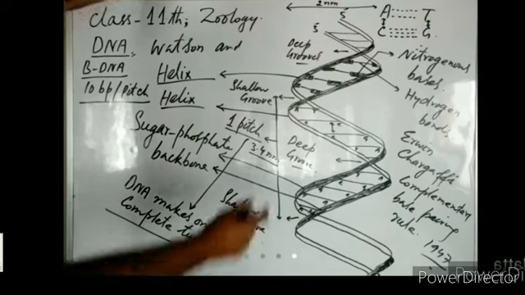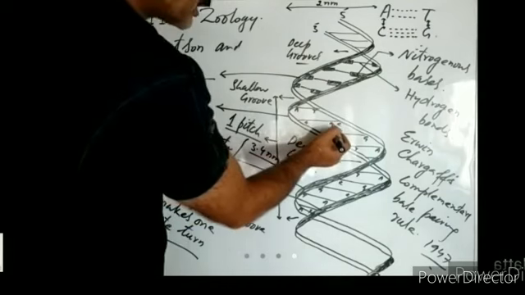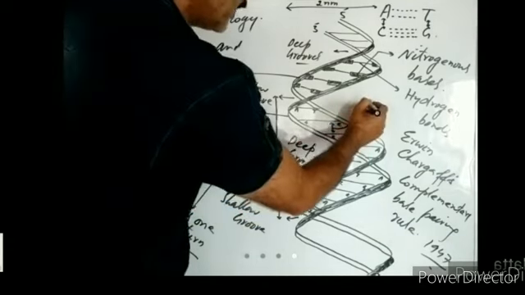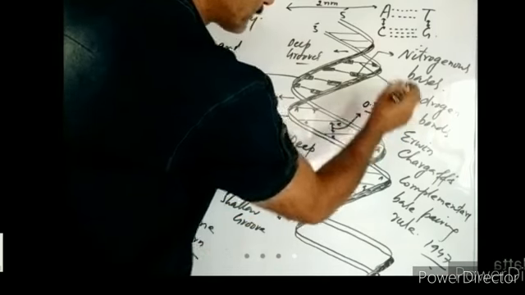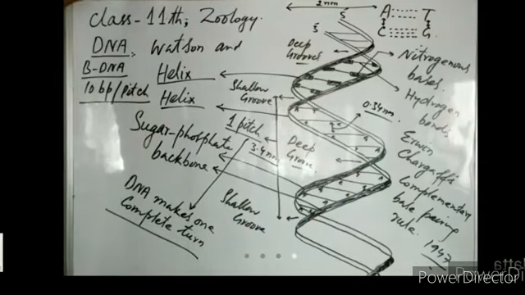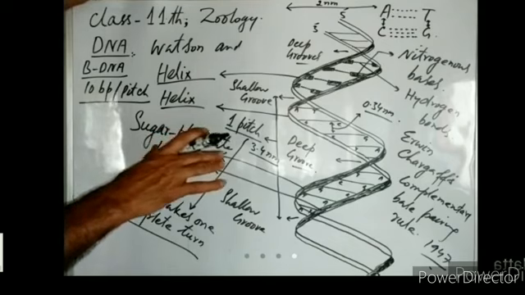So 3.4 divided by 10: the distance between two adjacent base pairs will be 0.34 nanometers, right? So this is the physical structure of DNA.